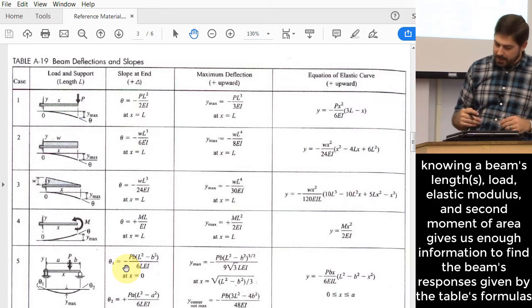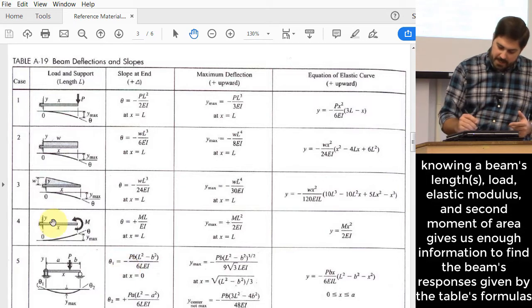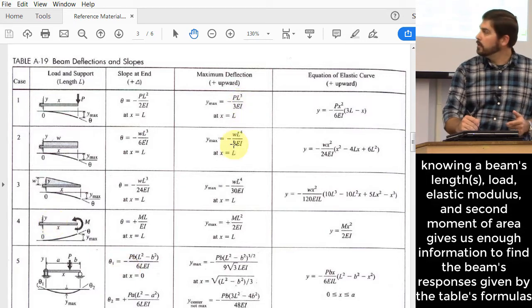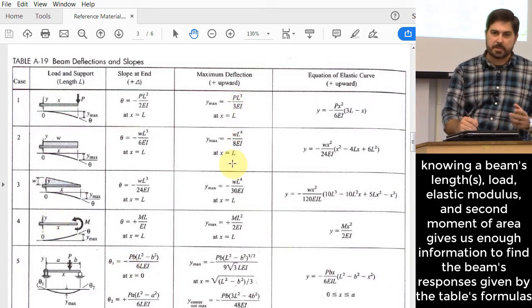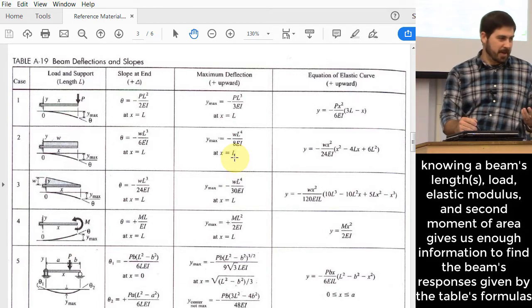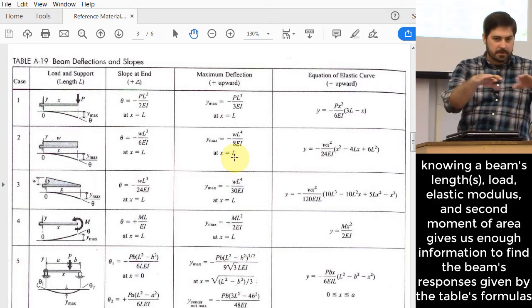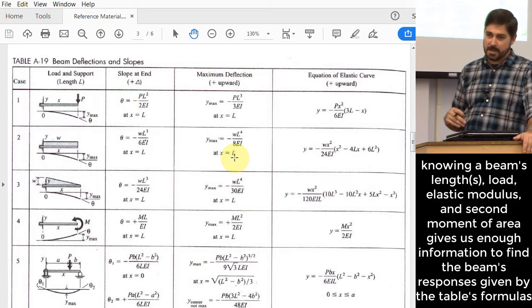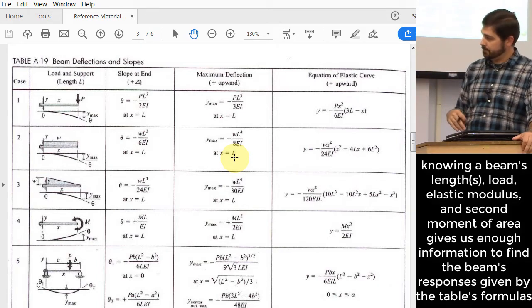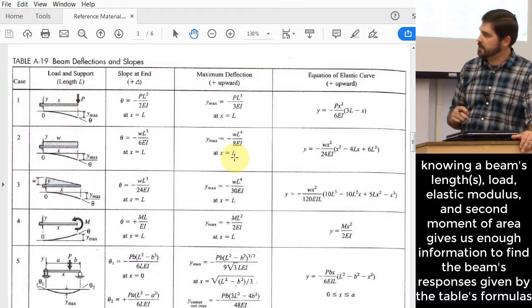Okay? Also, for any one of these cases, they've figured out what the maximum deflection is, which is often one of the things that you're trying to find: where is it the worst? Where's the lowest it goes, or the most amount of deflection that happens in the beam? And they give that to you for these kind of single load cases in each one of these cases in the table.